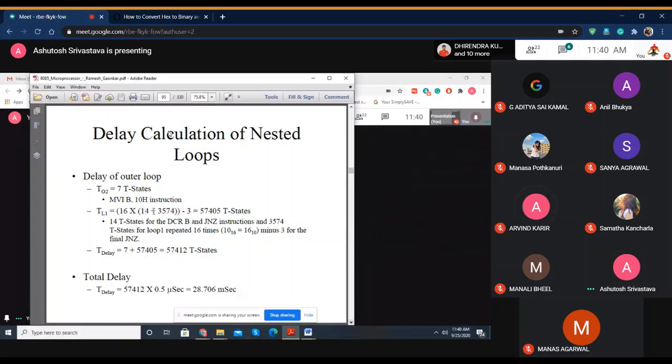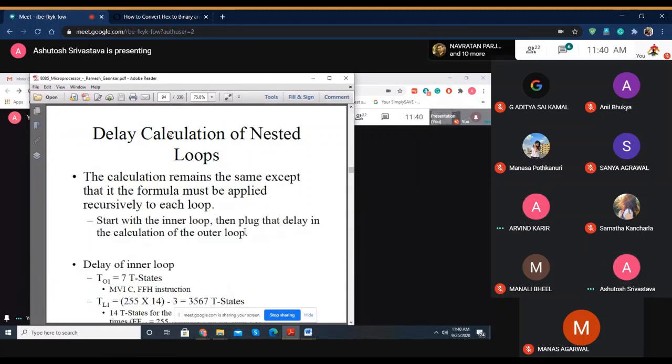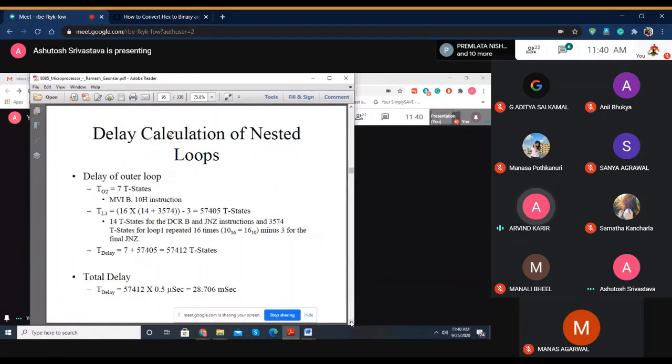Plus your loop. So how many times has the nested loop gone? Like 3, 5, 6, 7. This value plus 14 times for the outer loop, and that would be multiplied by 16. How did you get 16?